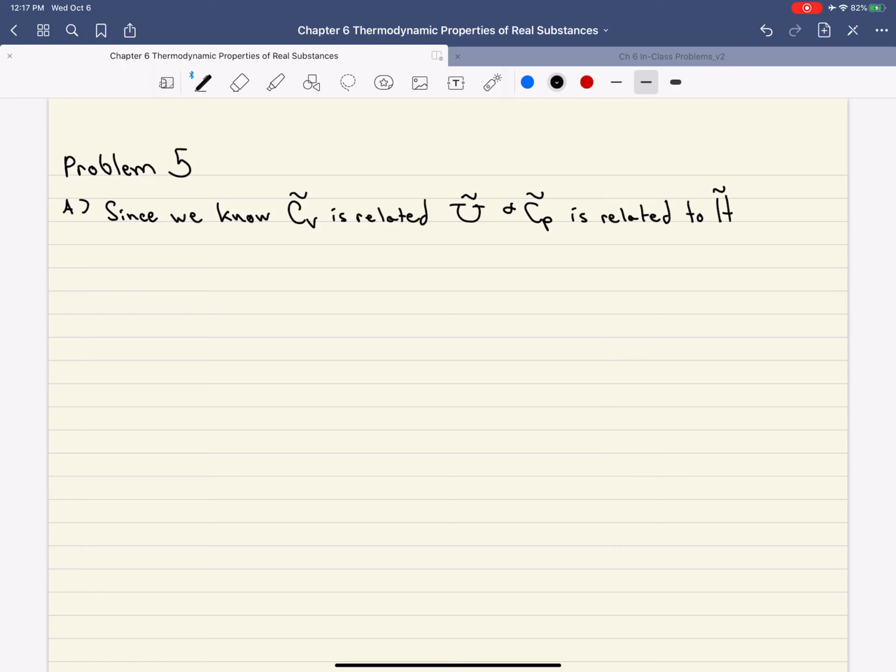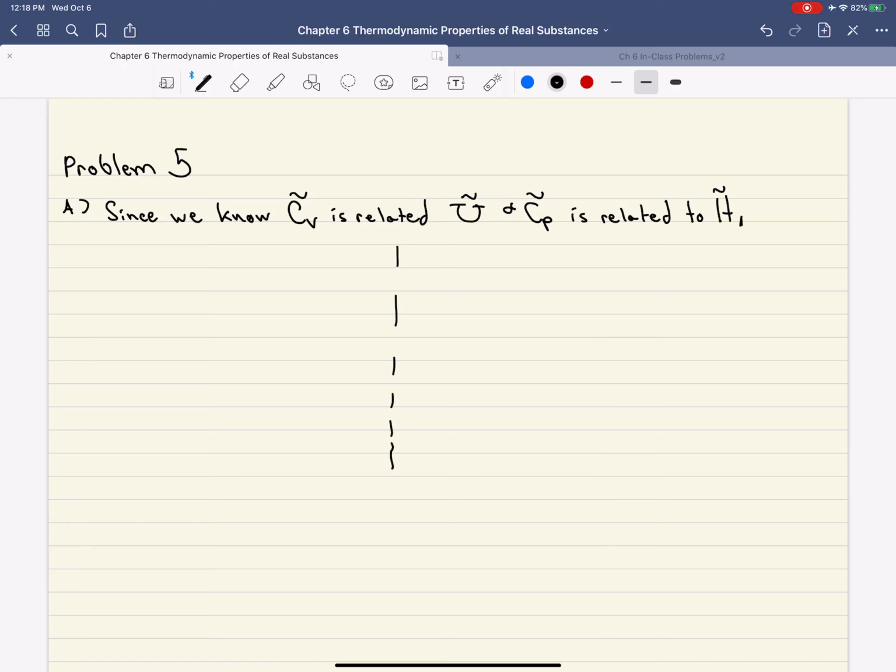So two different types of energy functions. The approach we're going to take to figure out the difference between Cp and Cv is to analyze the fundamental equations for internal energy and enthalpy in parallel. And then once we have information from those two analyses, essentially we could just subtract Cv from Cp. I'll show you exactly what I mean.